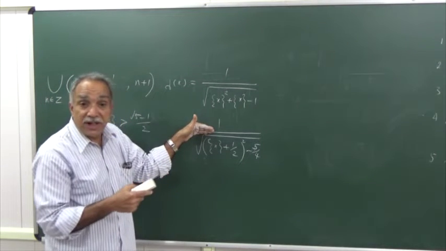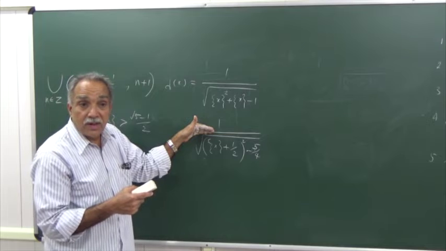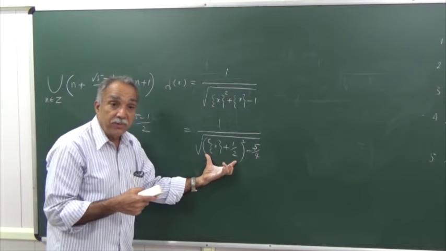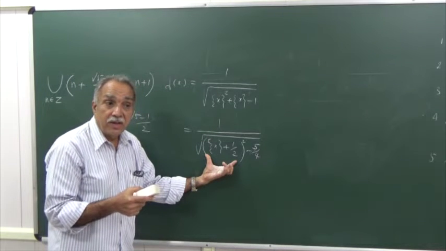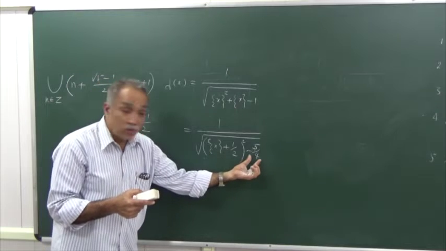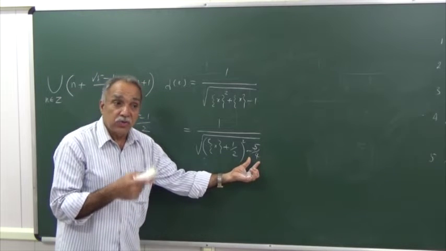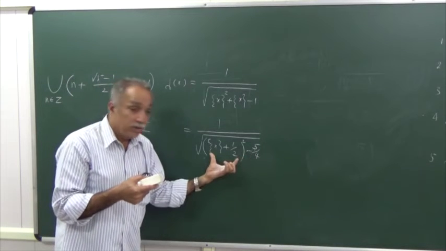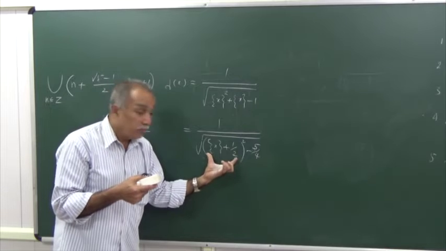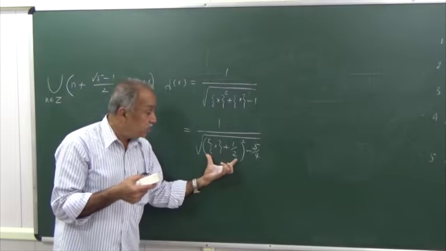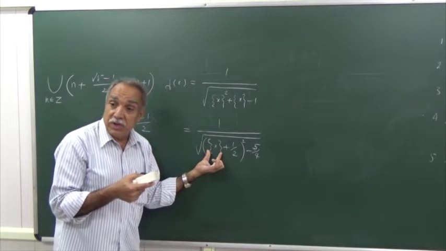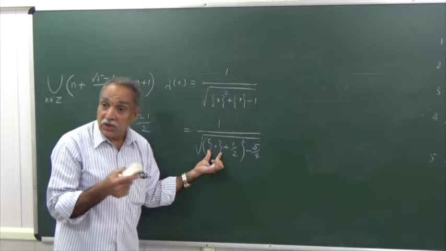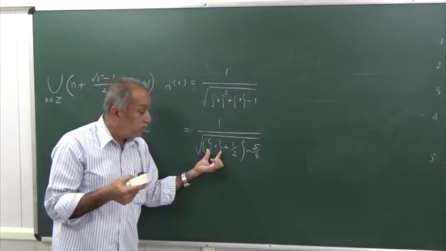When is the denominator maximum? When this is maximum. Agree? You have no control over this. This you will have to subtract from whatever you get from here. So you have to make this maximum. When is this maximum? When this is maximum. What is the maximum? 1. Not attainable. Remember it. Maximum is 1.